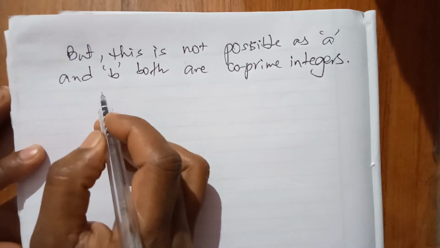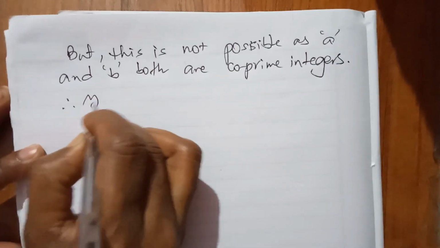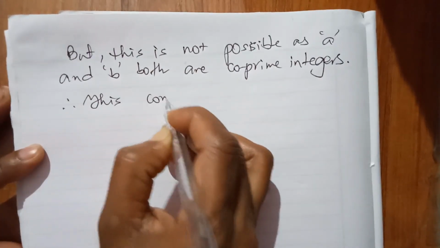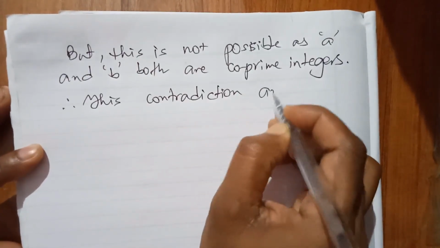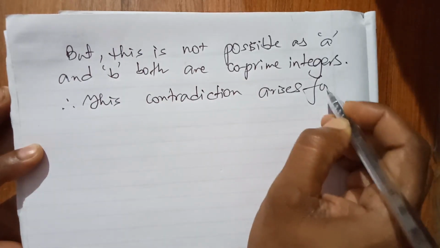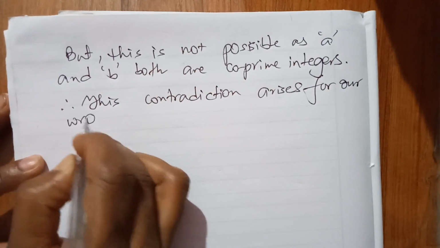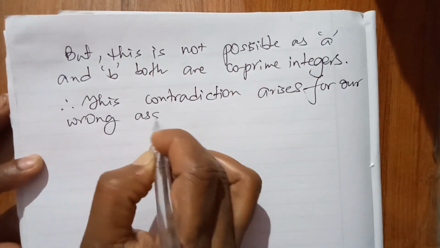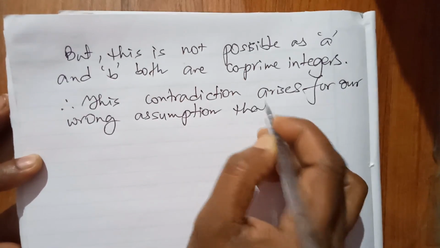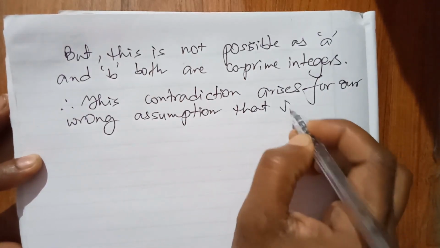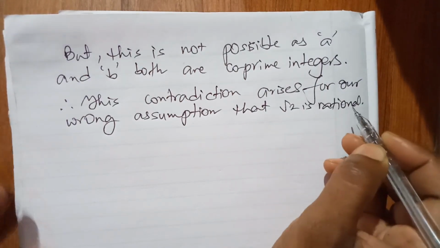Okay, so the impossible result is coming in front of you. This contradiction arises for our wrong assumption that root 2 is rational.